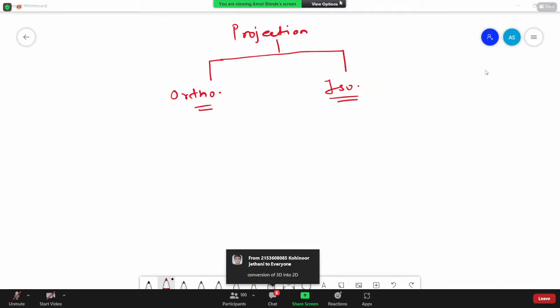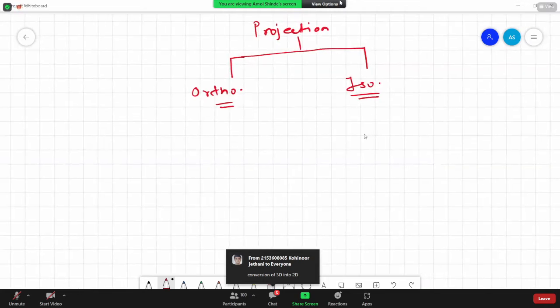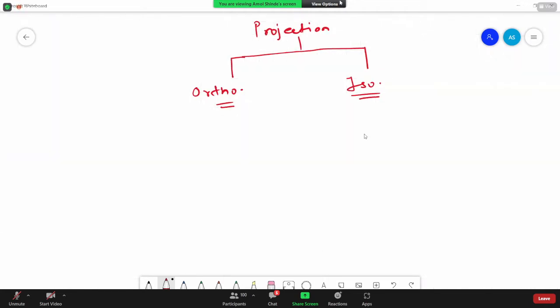We have not been taught isometric. Okay, ठीक है. So basically, we must know there are different types of projection, orthographic or isometric, and how we define each. Now just concentrate on this word ortho.